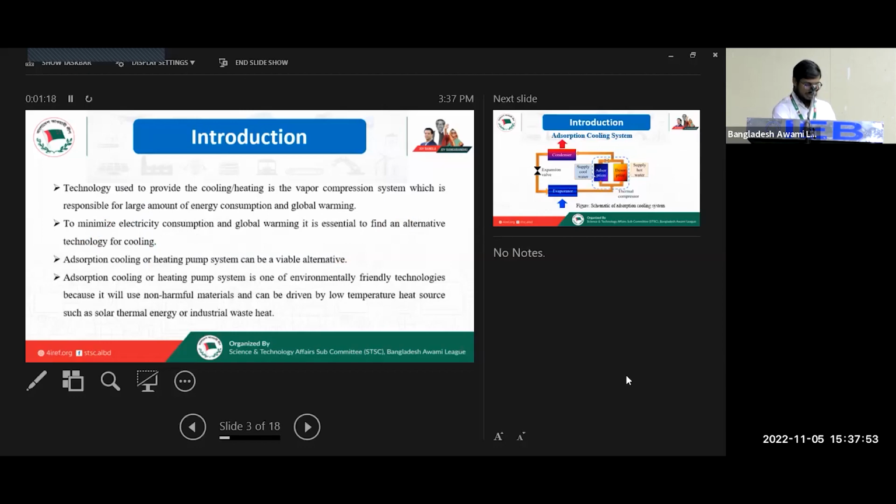The technology used to provide cooling or heating is the vapor compression system, which is responsible for large consumption and global warming. To minimize electricity consumption and global warming, it is necessary to find an alternative technology for cooling. Adsorption cooling system can be a viable alternative.